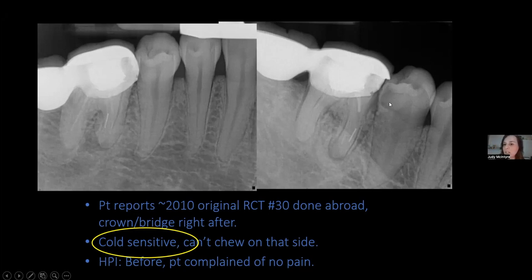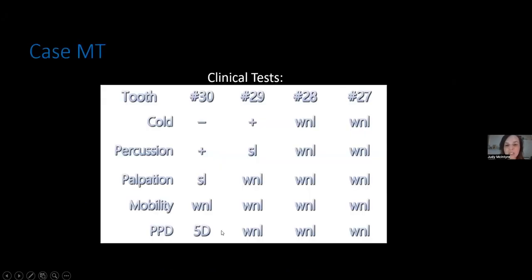Now, radiographically, there seems to be decay here on this lower second molar. And sure enough, when we test her and examine her, that lower second molar is cold sensitive. The tooth that she came for retreatment is only slightly symptomatic. She's mostly symptomatic in terms of her chief complaint on 29. And because of that bridge on 30, I can only get a 5 millimeter on the distal, right?